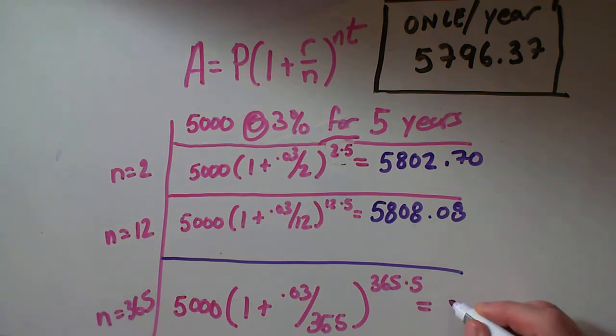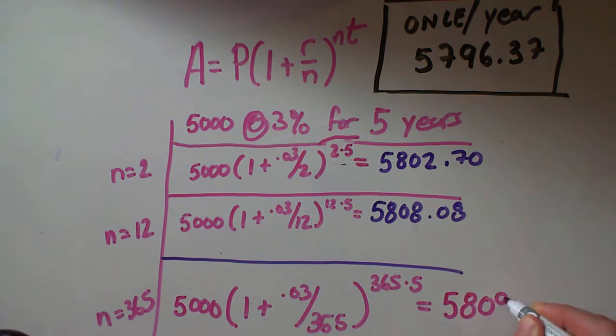And so by doing that, we get $5,809.14. So we did not get an extremely large amount more, but what we can see here is the more times we compound, the larger the amount of kickback we get off of our investments, or the more amount that you have to pay the bank if it was a loan or something.